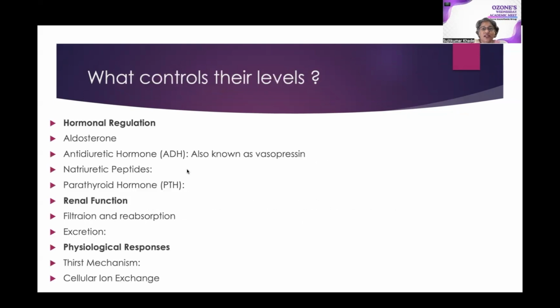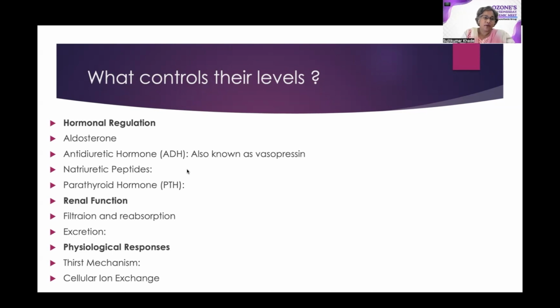What controls their level? Serum electrolyte balance is regulated through a complex interplay of hormonal mechanisms, renal function, and physiological responses. We all know that hormonal regulation, like aldosterone stimulation, causes sodium reabsorption in the kidneys and potassium excretion. Similarly, antidiuretic hormone is released in response to the osmotic balance of the blood and causes fluid regulation.